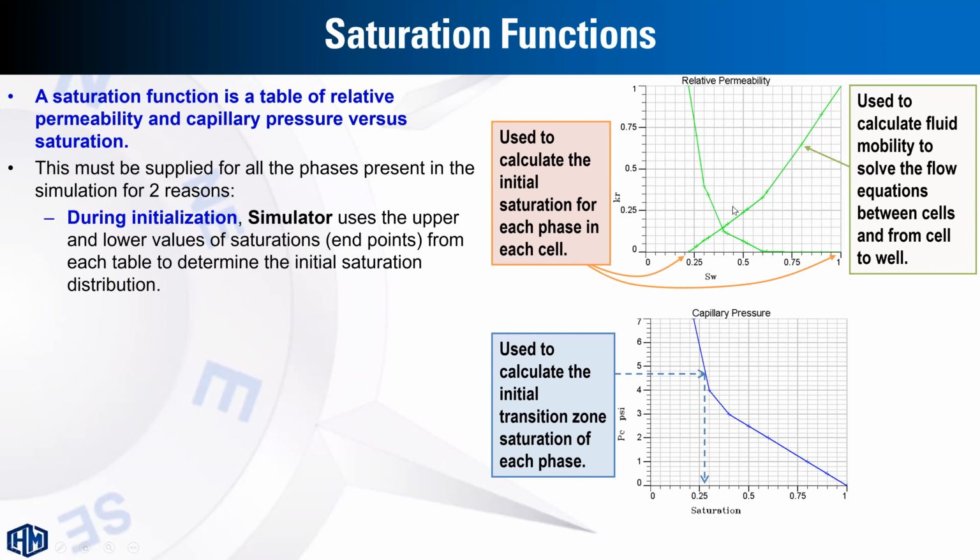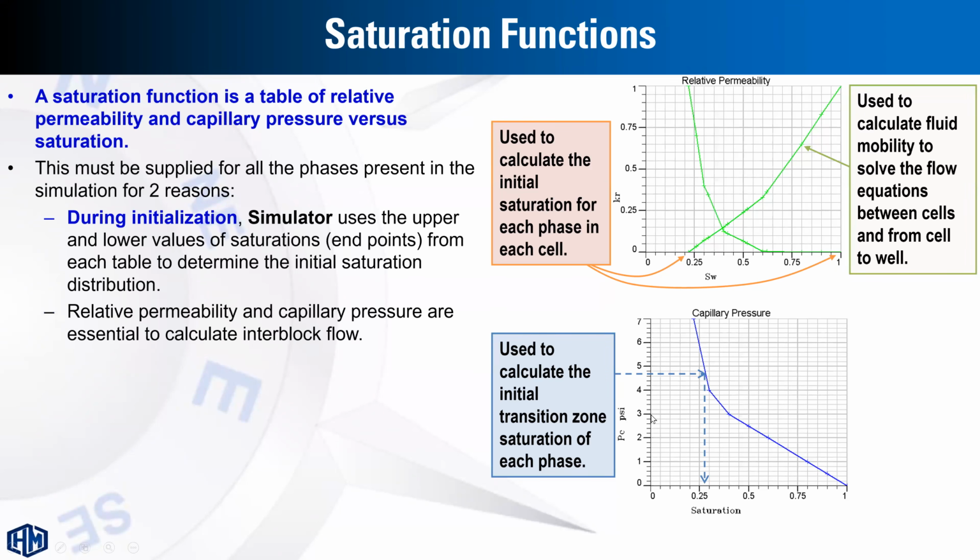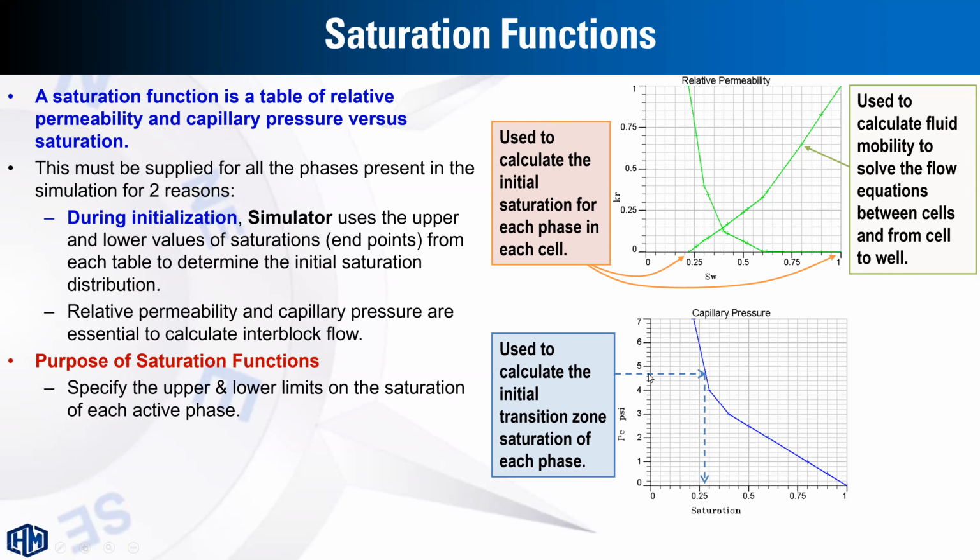And this relative mobility curve for water and oil will be used to calculate the fluid mobility and solve the simulation equations. But the capillary pressure will be used to calculate the initial water saturation across the transition zone. So from this calculation, the saturation of the other phases can be calculated.